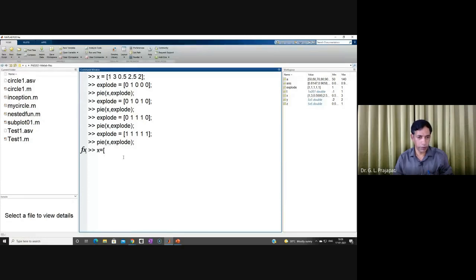Say x can be 1, 3, 5, 7, and for example 9.